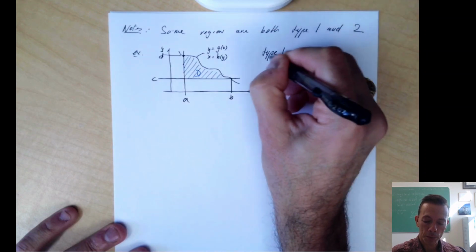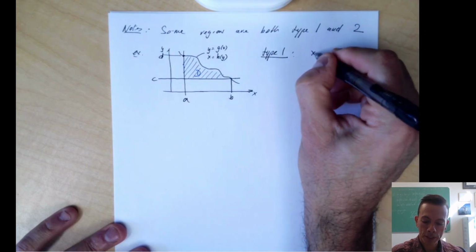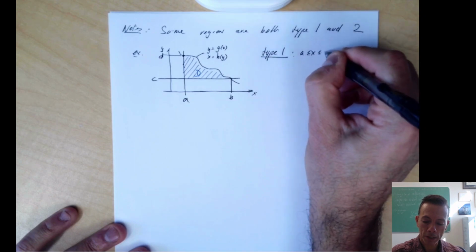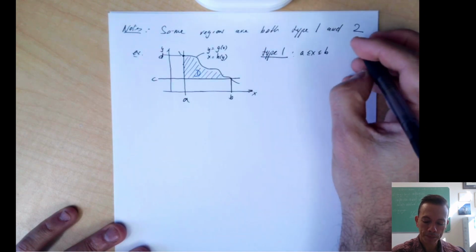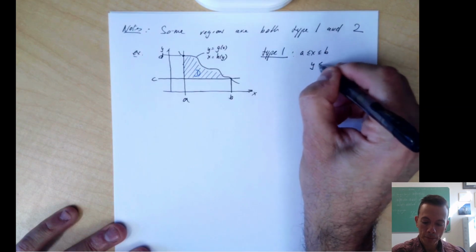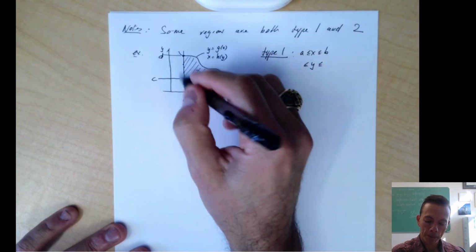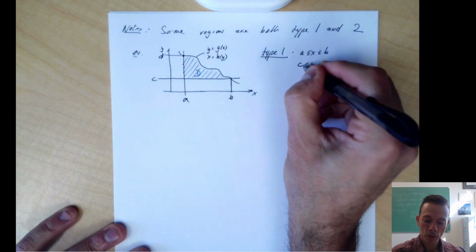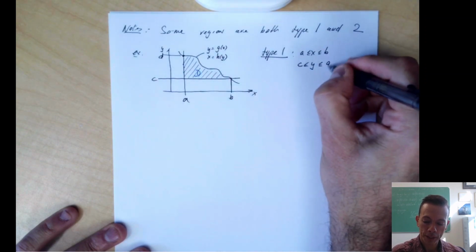Depending on what you do, you get a type 1 or a type 2 region. You can consider this to be a type 1 region where x is bounded by the constants a and b, and y is bounded by the constant c below and the curve g of x above.